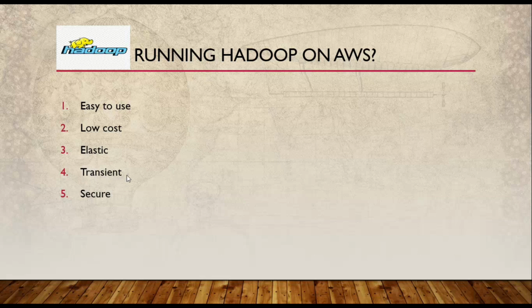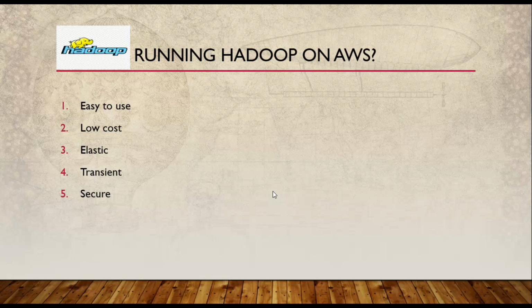Transient. You can use EMRFS to run clusters on demand based on HDFS data stored persistently in Amazon S3. As jobs finish, you can shut down a cluster and have the data saved in Amazon S3. You pay only for the compute time that the cluster is running.